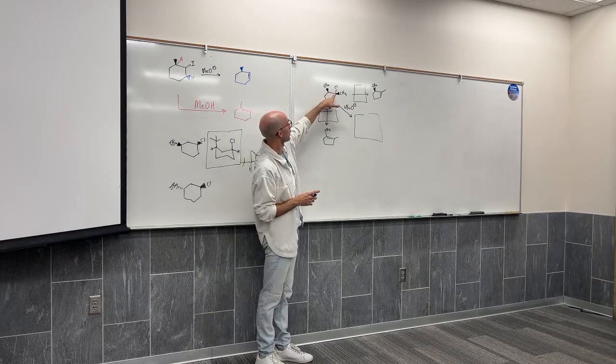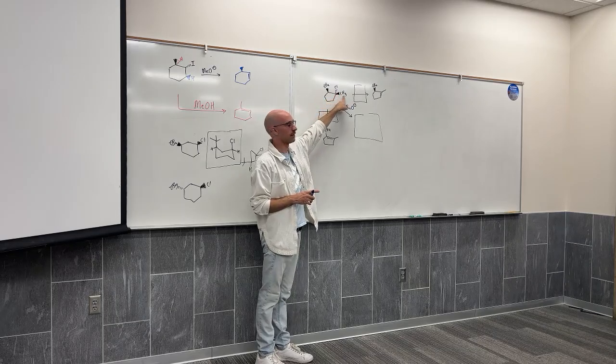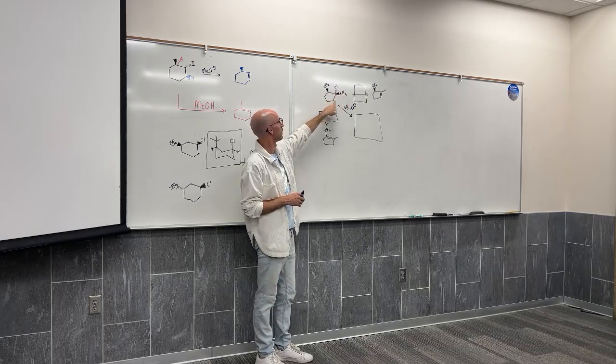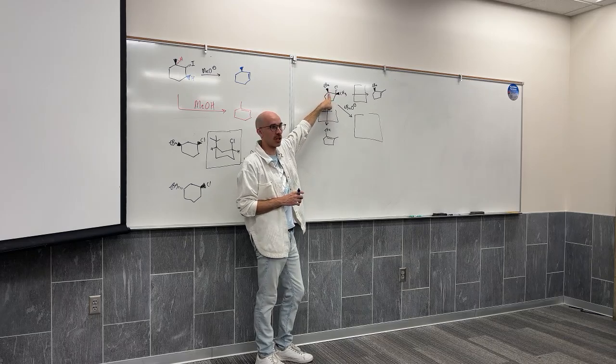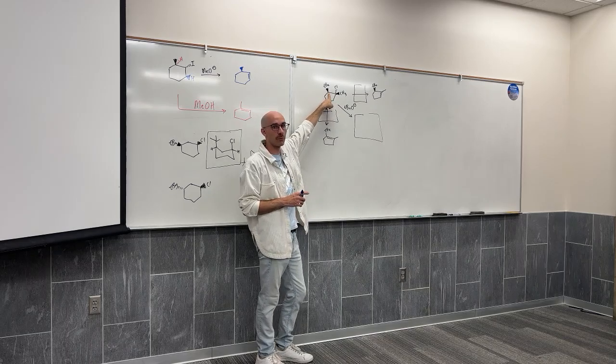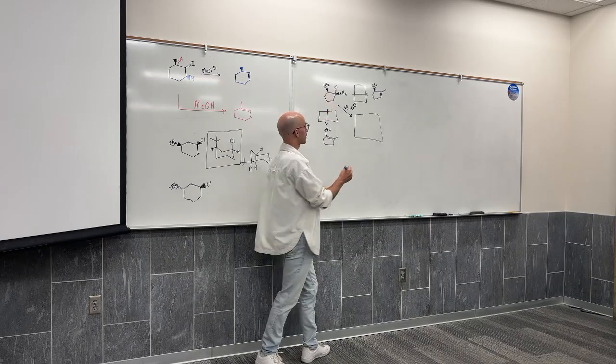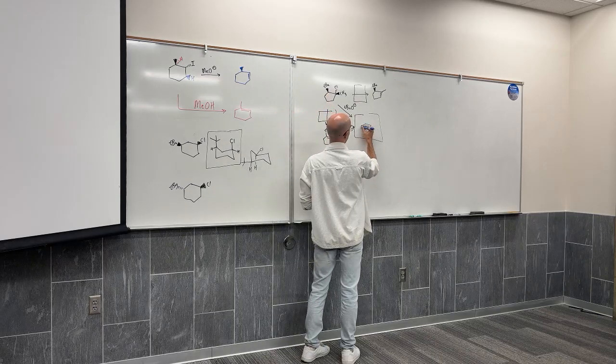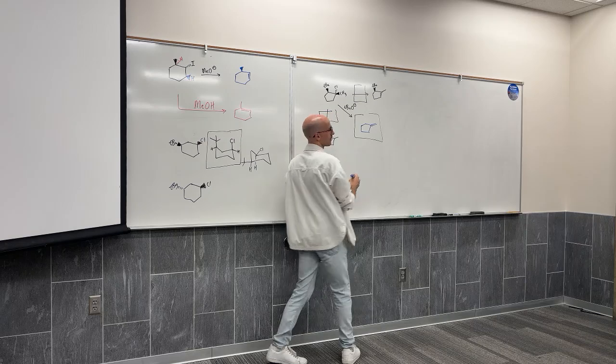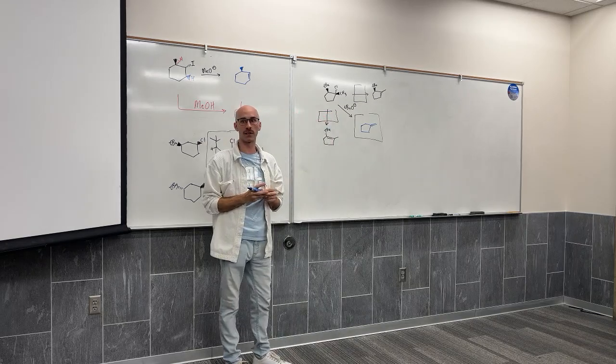Here is a primary beta, secondary beta, and tertiary beta carbon. Tert-butoxide will go for which? Tert-butoxide goes for the least sterically strained, the least substituted. So tert-butoxide eliminates from the primary beta carbon.